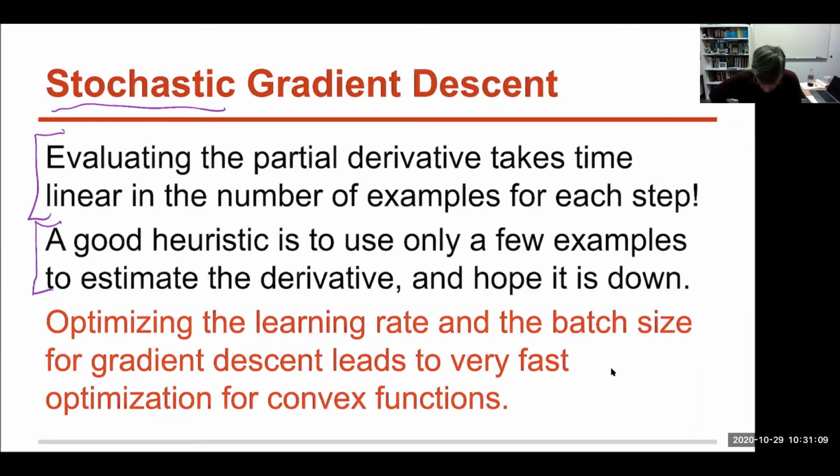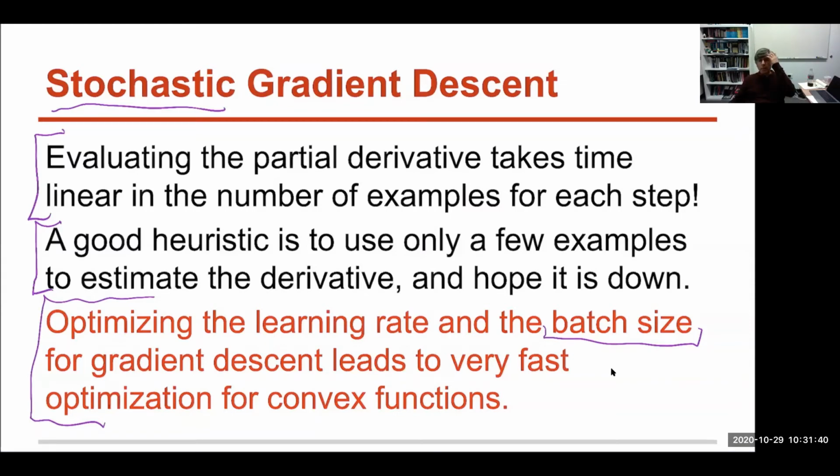And so when you're trying to optimize something by gradient descent search, the game that you play is basically making sure that you use the right batch size for estimating what the gradient is at any given point. If we use all n points, it's very expensive. If we use 1 point, it's very fast, but it's pretty noisy.